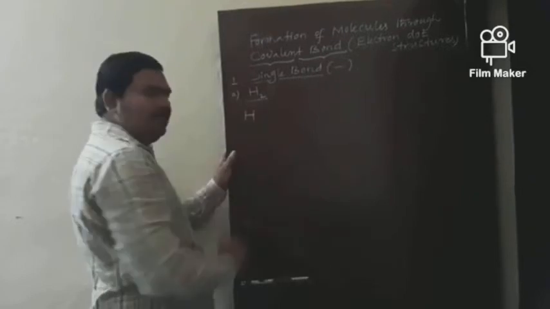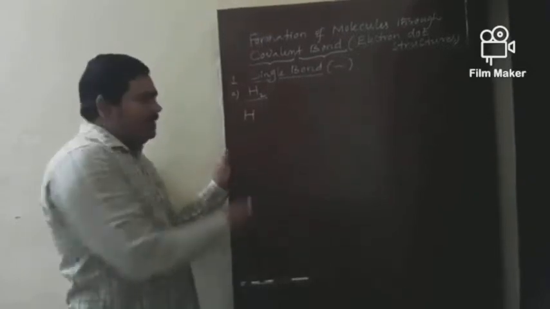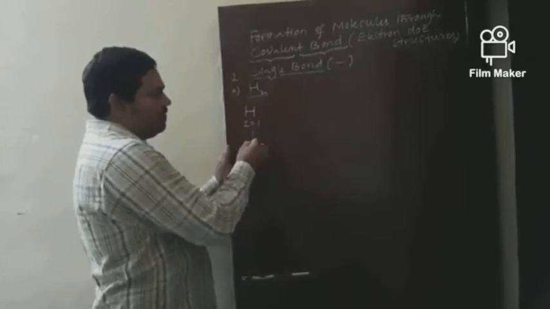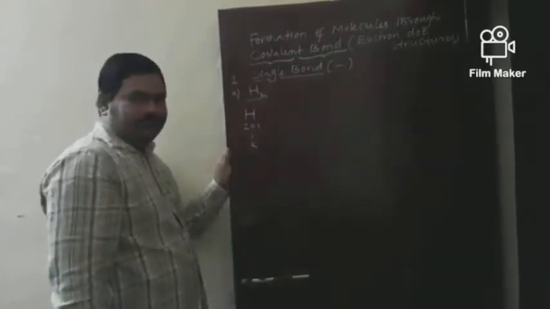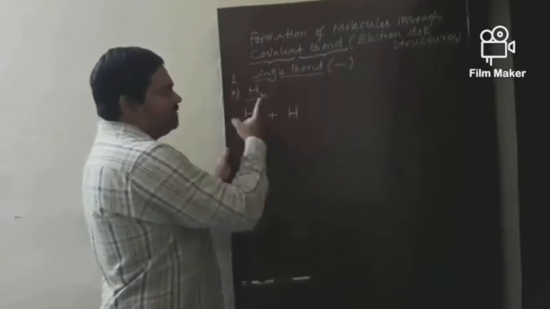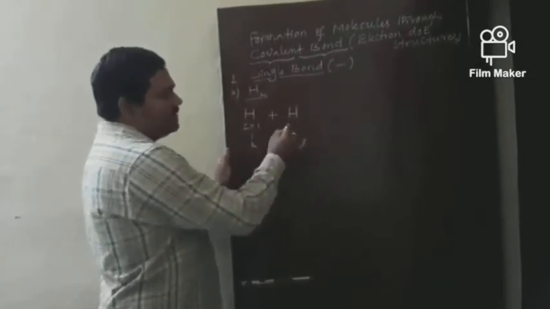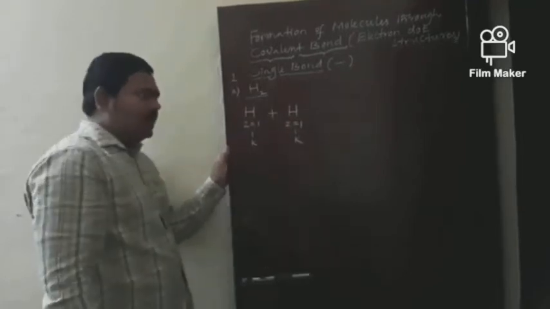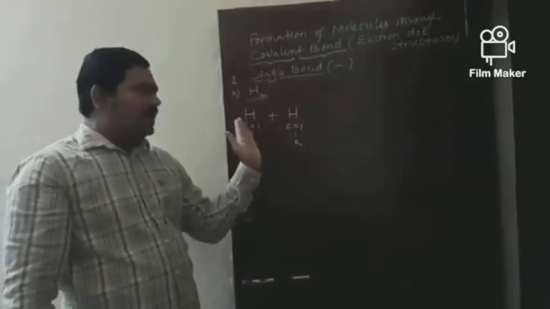The symbol of hydrogen is H, you know. Atomic number of hydrogen is 1. This one electron belongs to K. Now one more hydrogen, the second hydrogen with the same configuration, atomic number 1, 1K, approach one another.